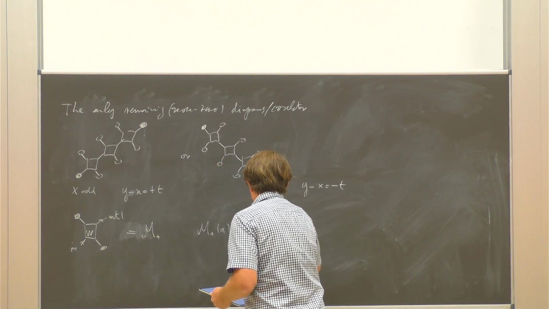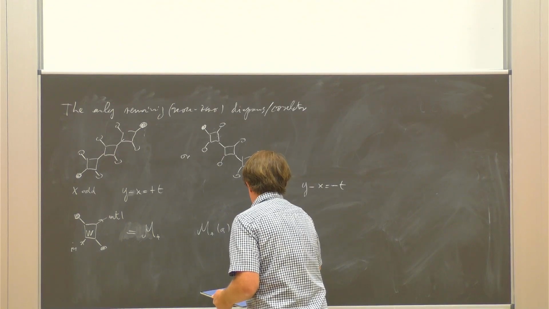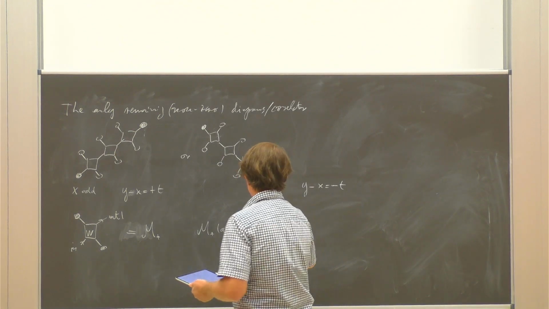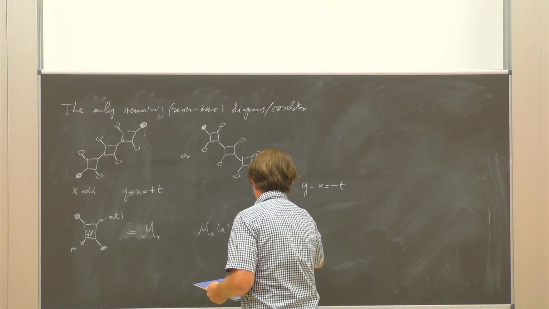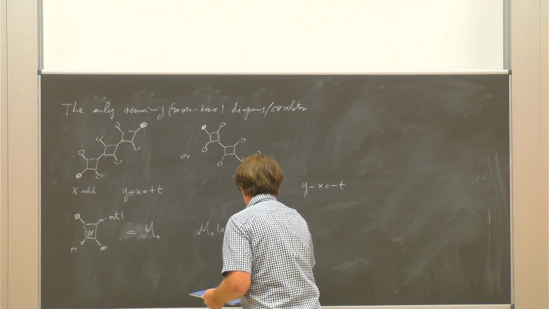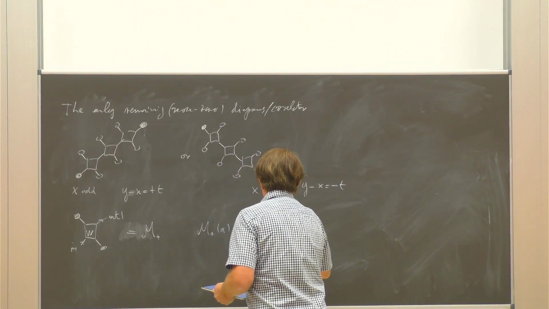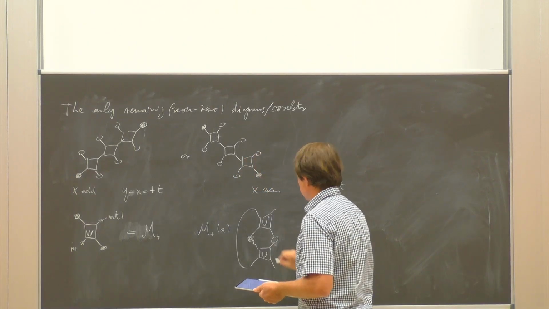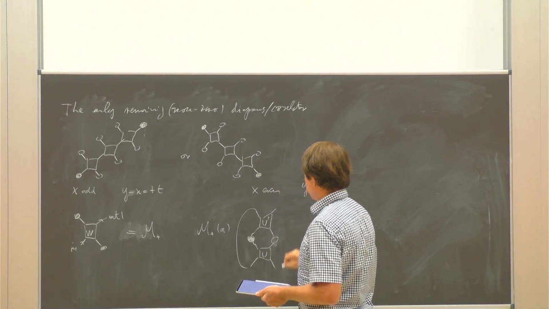If you write again the full picture, this would be the U, and this would be U dagger. This is an A, which you plug in. And here you put identity, here you put A, here you put identity, then you put the trace here.